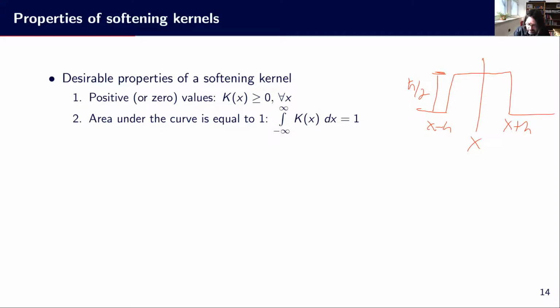So the area under the curve is equivalent to 1 because it's basically 1 divided by 2h times 2h.